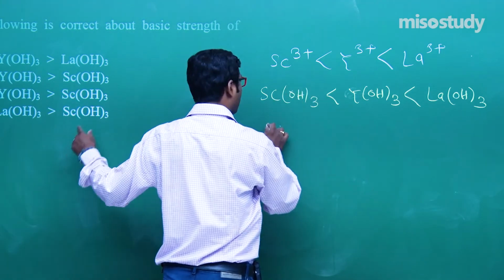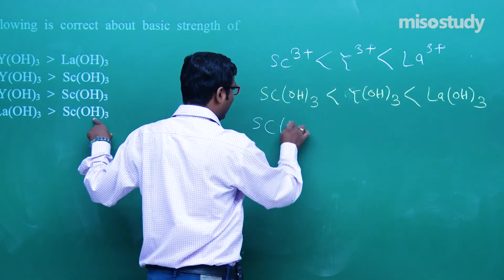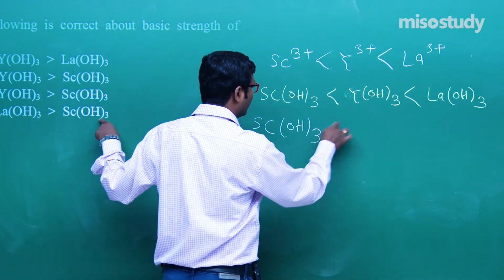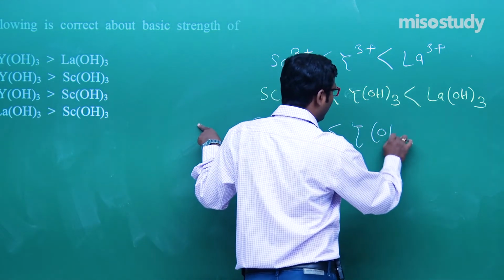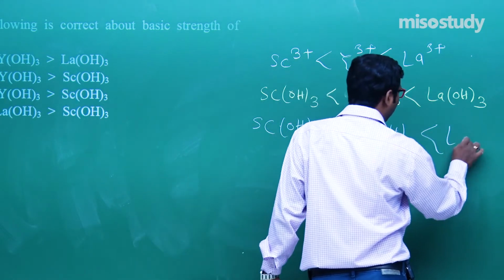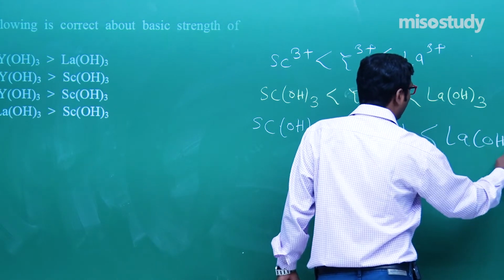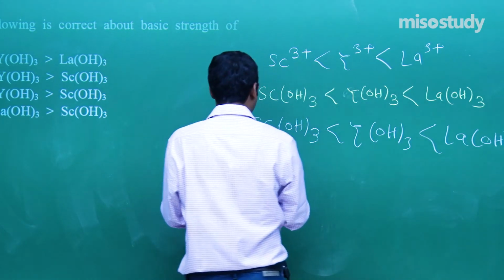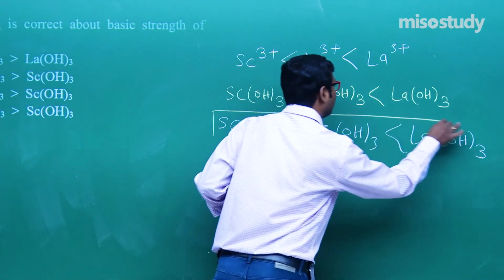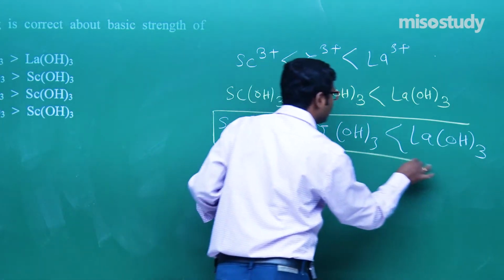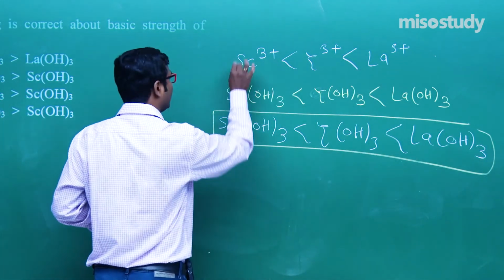So what is the order for basic strength? That is Sc(OH)3, then Y(OH)3 and La(OH)3. This is the basic strength character. This is the ionic character, this is the size.